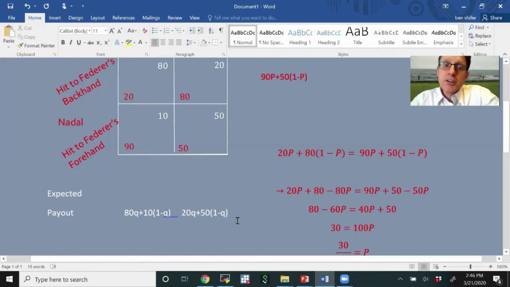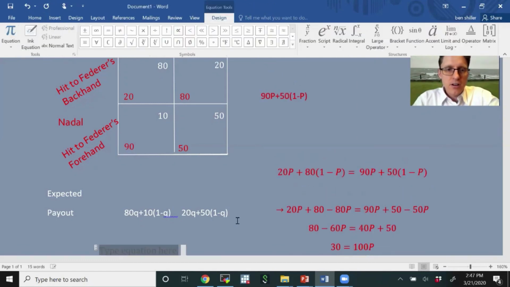And to figure out Nadal's optimal probability Q to prevent Federer from exploiting Nadal, we're going to find the probability Q that equalizes Federer's expected payoffs under Federer's two strategies.